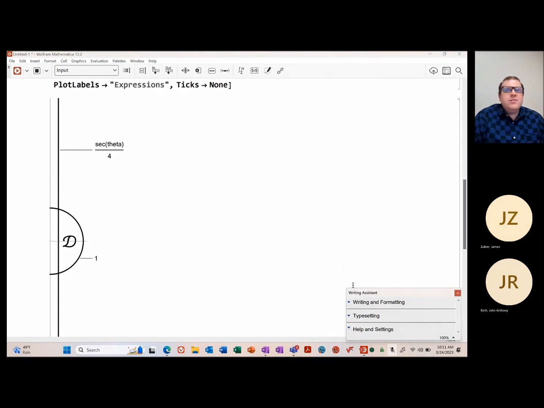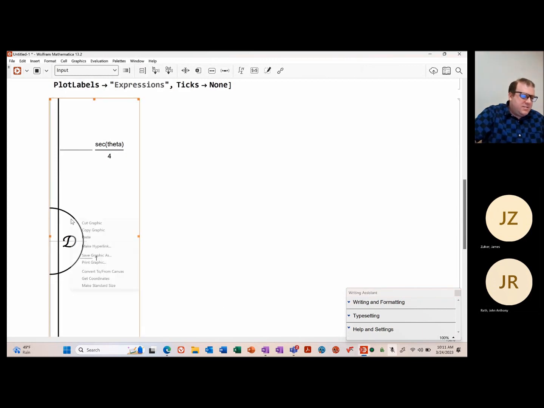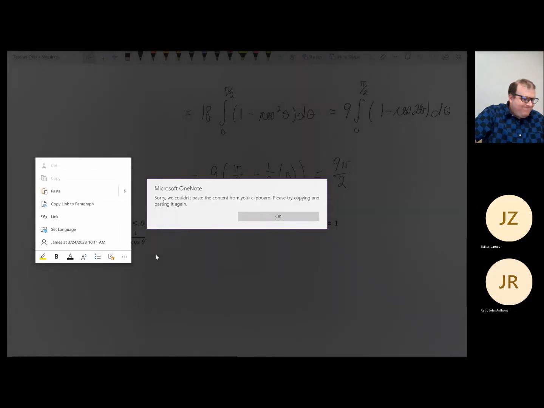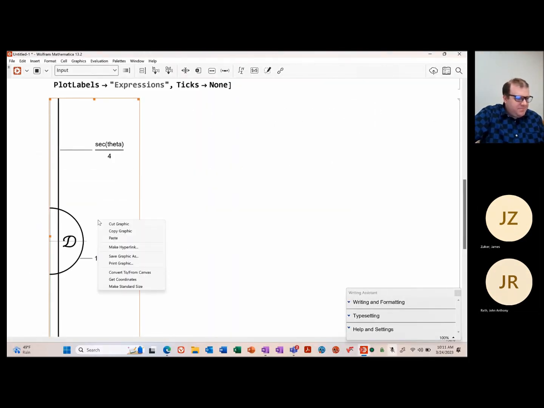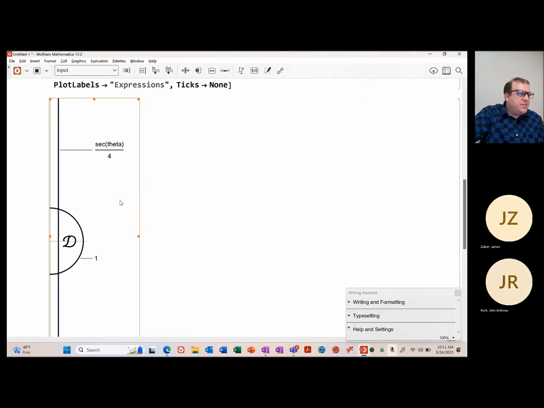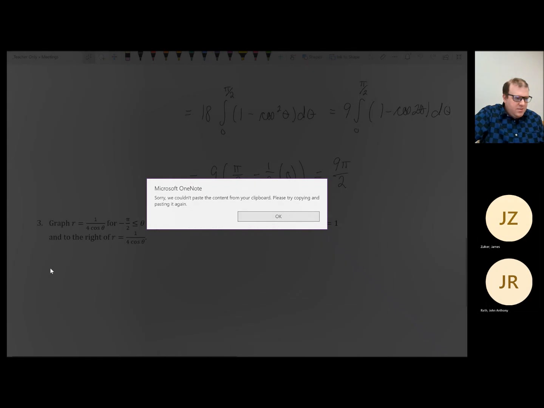So that there would be the region that we're trying to find the area of, right? Oh, for Pete's sake. Why are you doing this?